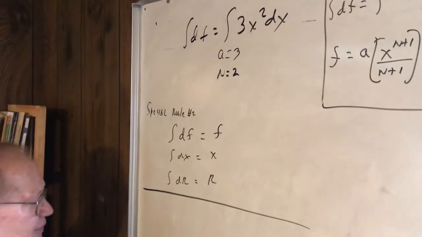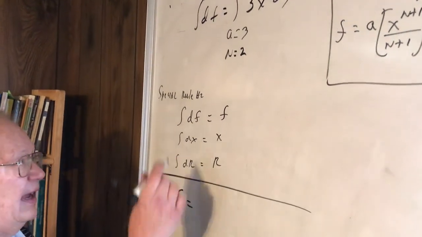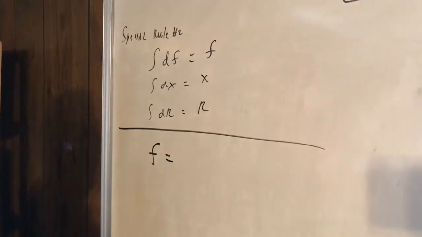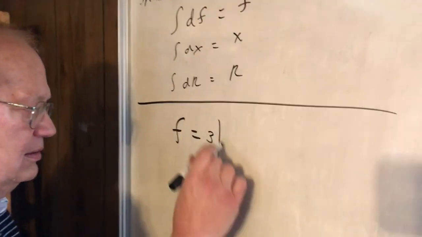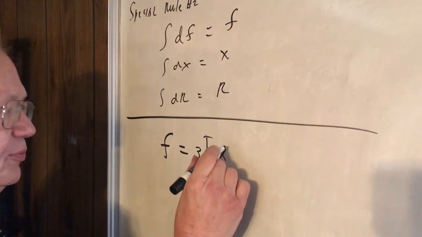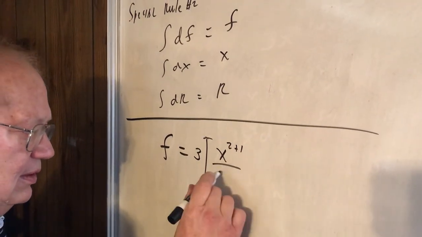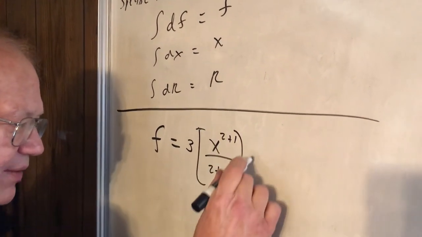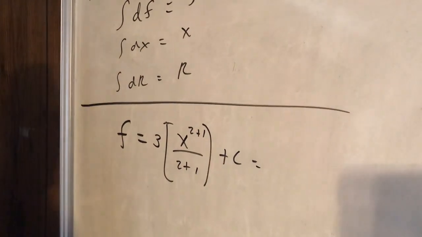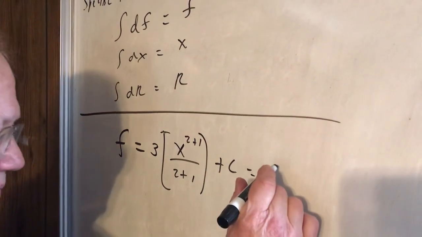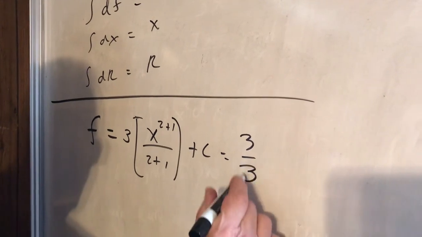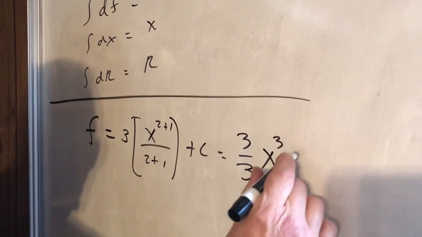So the integral of df is going to be f, and this is going to be, according to that, 3 x to the 2 plus 1 over 2 plus 1, and now we add the constant. So the integral is going to be 3 divided by 3 times x to the third plus c.